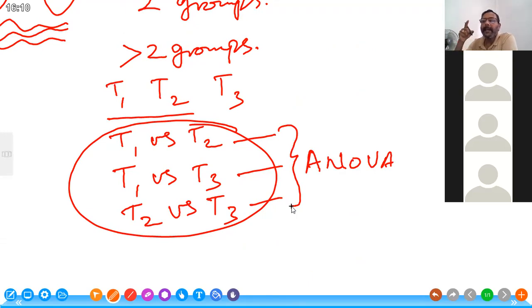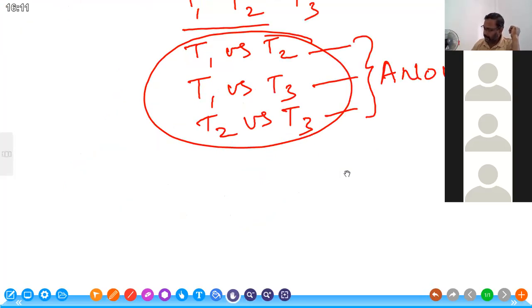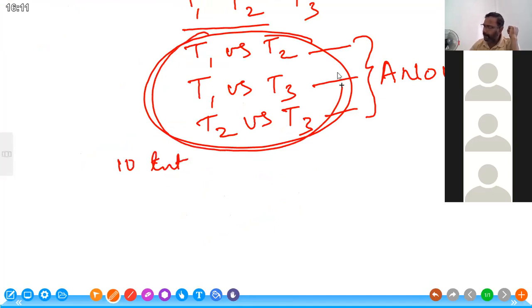ANOVA is applied when you have more than two independent treatments. When you have more than two treatments only, we go for ANOVA. So that is how ANOVA came into picture. If you have 3, 4, 5, 6 treatments, let's say 10 treatments, how many pairs of comparison will you have to do?